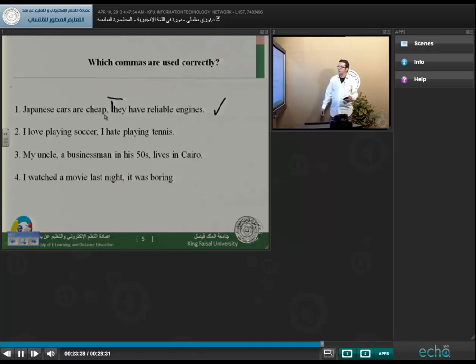The second sentence: I love playing soccer, I hate playing tennis, right? And we said we can use one of the fanboys here. We'll use but.